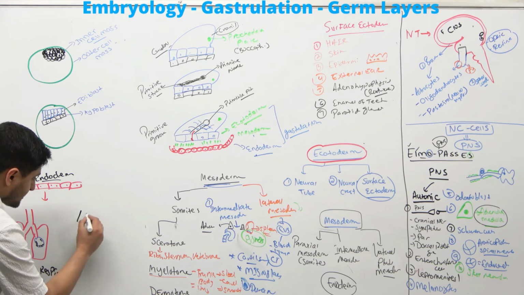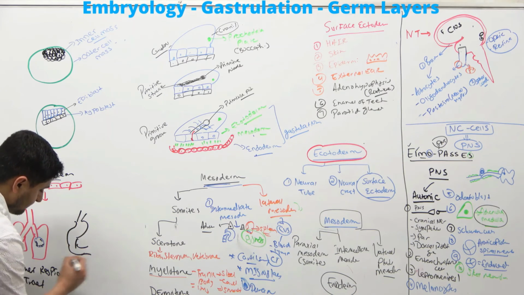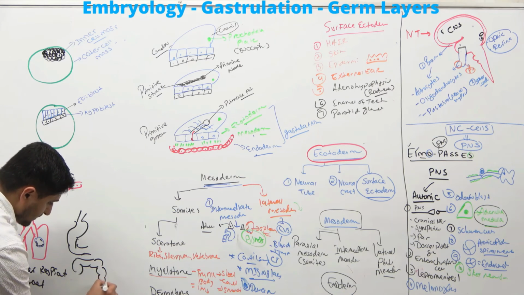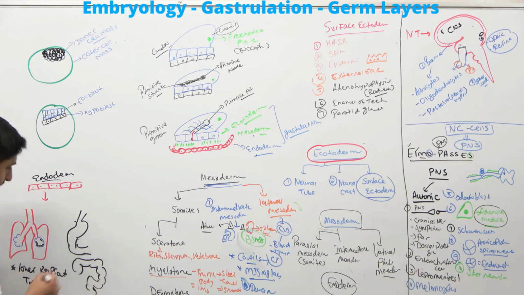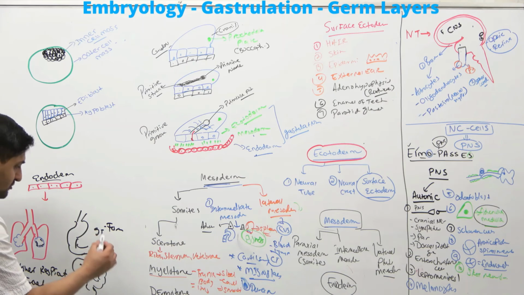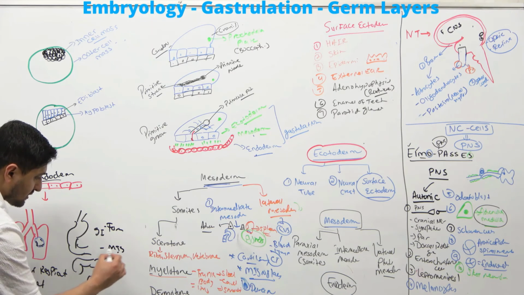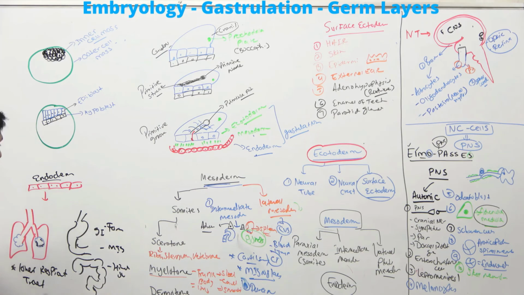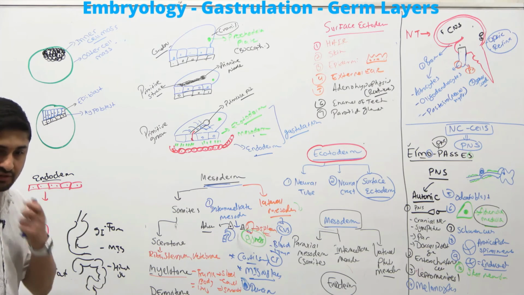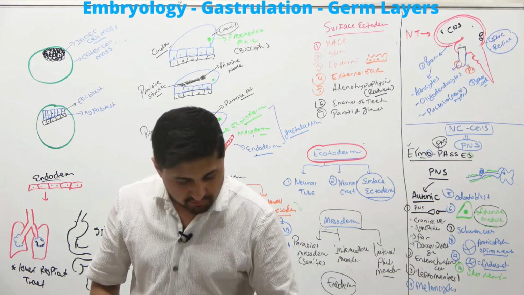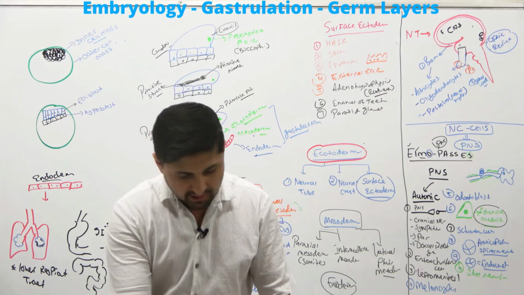Second, look at the GI tract, or we can simply say the foregut. The lining of the foregut, the midgut, and the hindgut are all derivatives of endoderm. So remember the lining of the GI tract, and the lower respiratory tract, like the trachea, bronchi, and lungs.